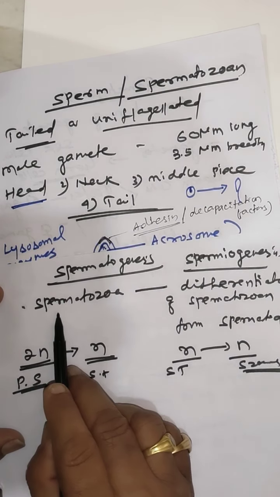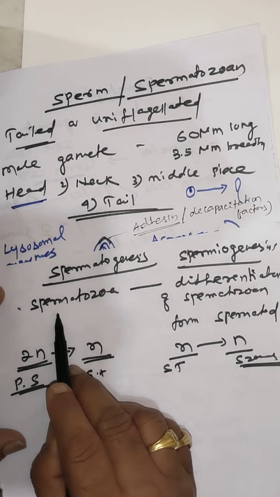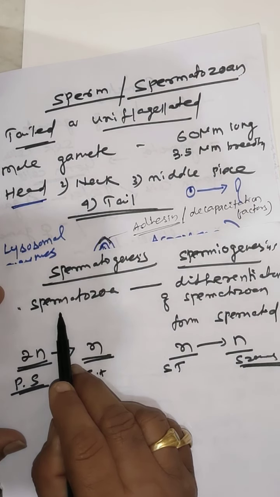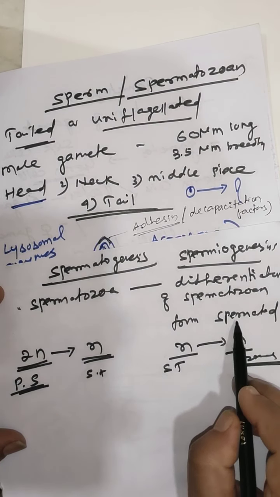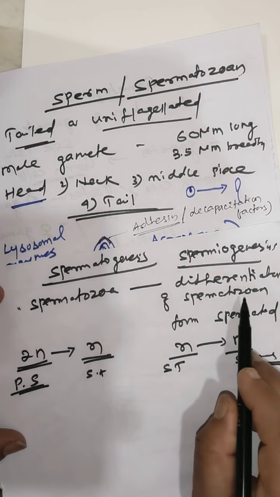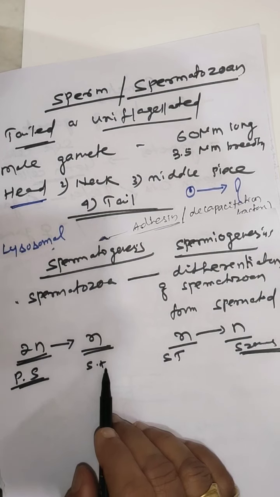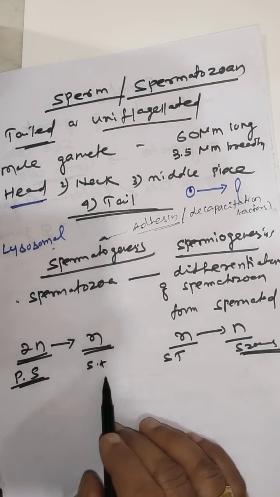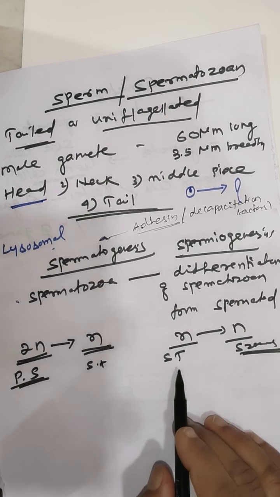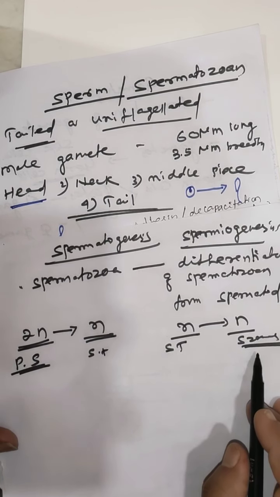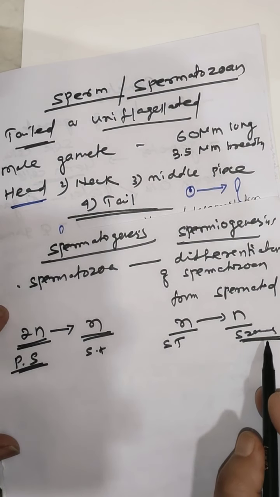Clear? Here spermatozoa are formed from germinal cells, whereas here sperms are formed from the spermatid.